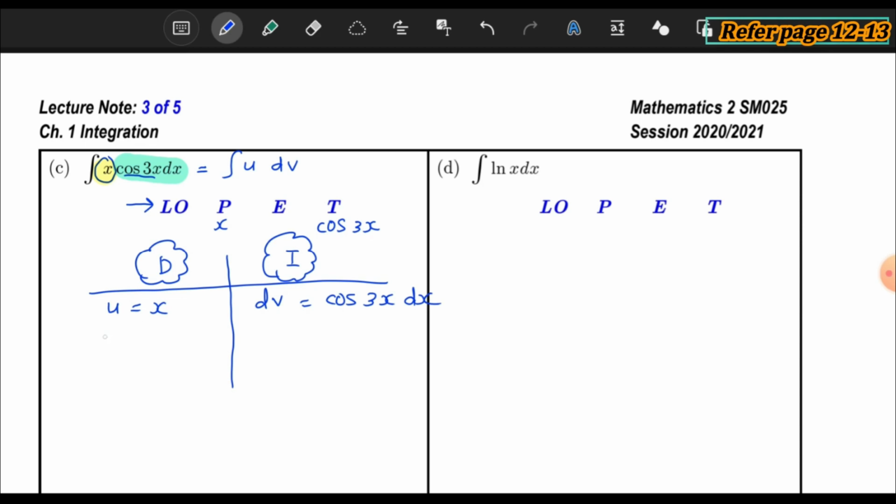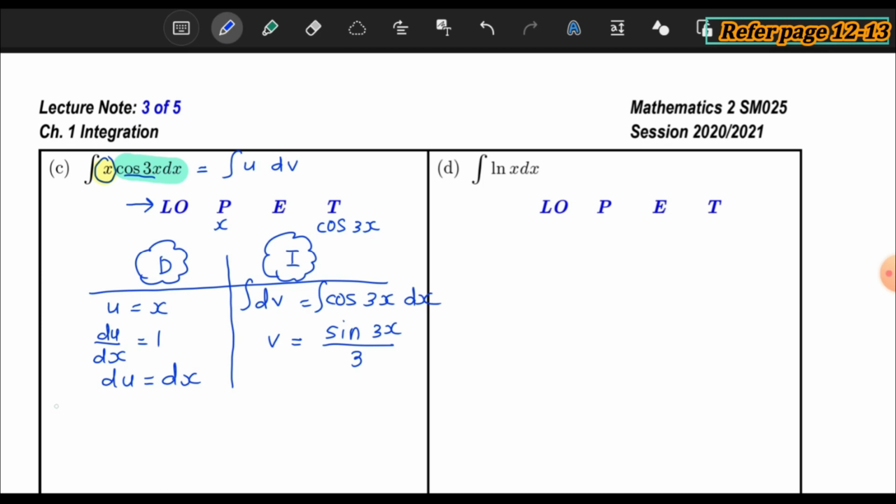So now we differentiate u, du dx equal to 1 or du equal to dx. Next, integrate dv. We integrate both sides. So we will get v equal to sine 3x over 3. Okay, as I told you just now, we can ignore plus c, the integral constant, first.